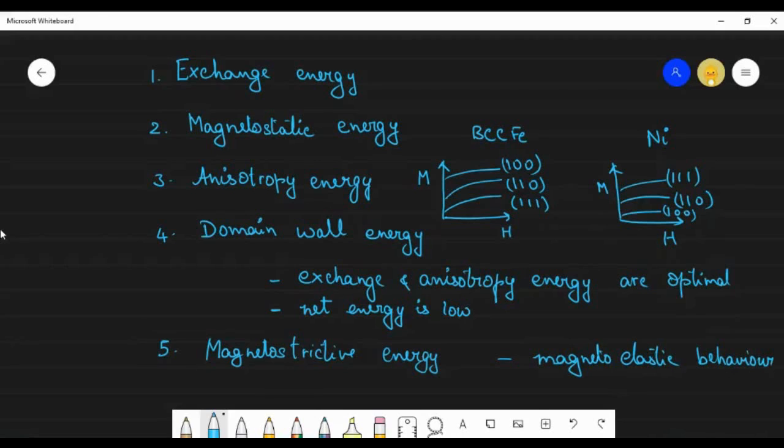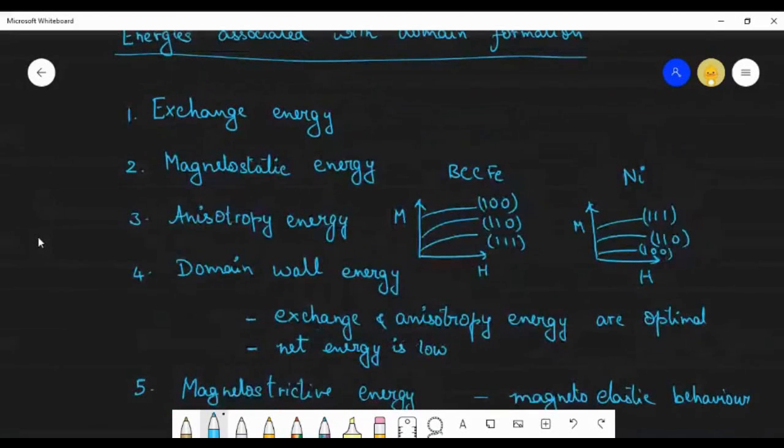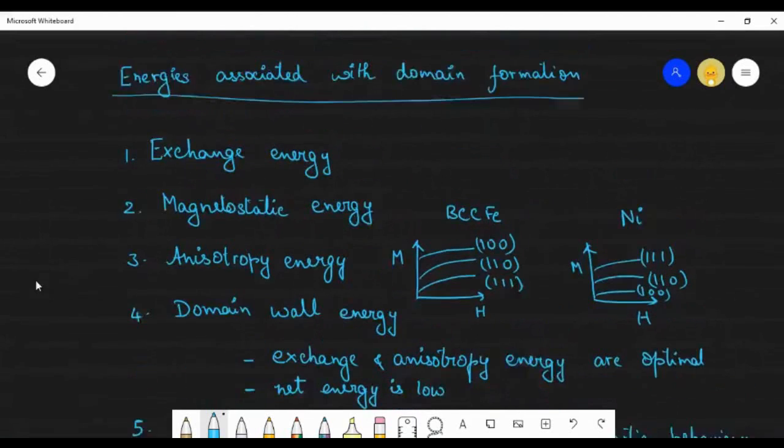The formation of domains and their volume depends on all these five types of energy.